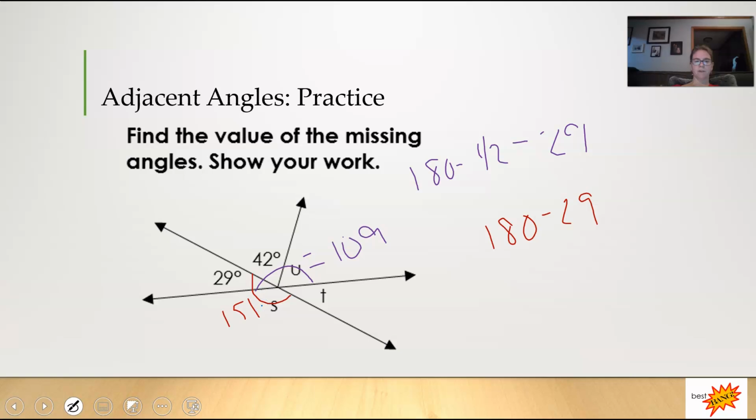Finally, if you look at these 2 angles, I know that S and T equal a supplementary or straight angle. So I can take 180 and I can subtract 151 and I will get T, which is 29 degrees.